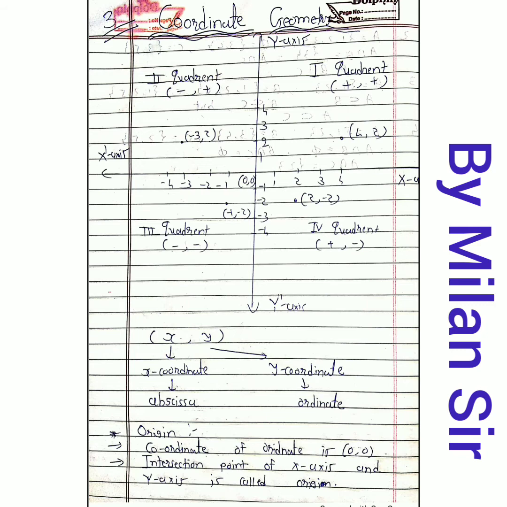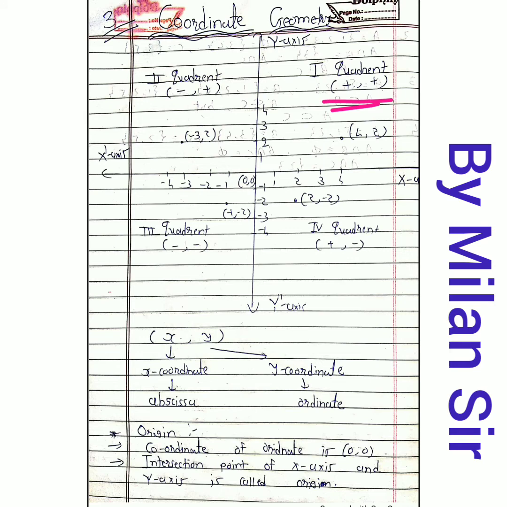Now in total we have four quadrants, right? In the first quadrant our value of x is positive and the value of y is also positive. That means both values are positive, because here we have positive numbers on both axes. So the sign of our x coordinate is positive and the sign of the y coordinate is also positive: plus, plus.